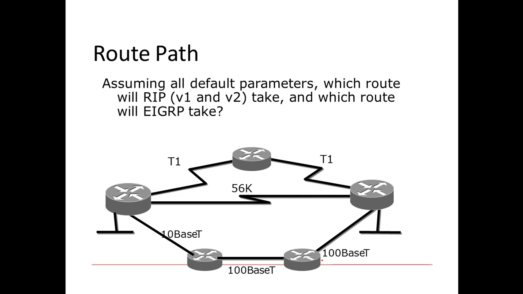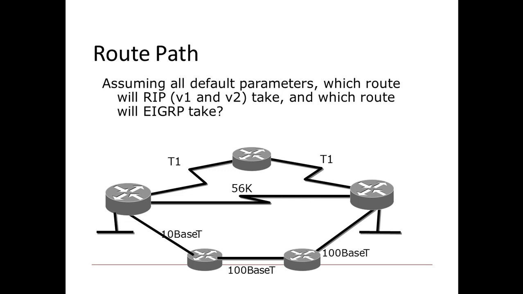And the thing that I want you to do by yourself is basically you have to check, assuming all the given parameters that are defined over here, and the default parameters that you know, that RIP uses 15 hops and EIGRP uses 100 hops by default, and the value of uneven load is 4 by default.